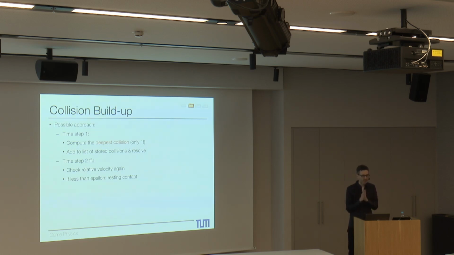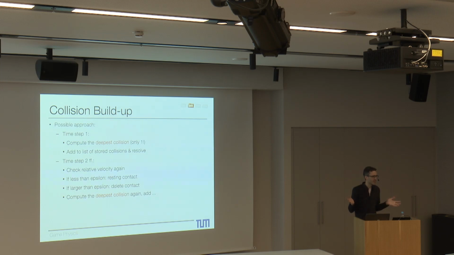If it's too small, it could actually be a resting point. If it's going out, the objects detach. It's solved, but if they keep on going into each other, it's a contact that we need to keep. But based on the current one we have, we have to compute the next bad one that we can find from the current configuration, and then add this to a list, typically one with a limited size.